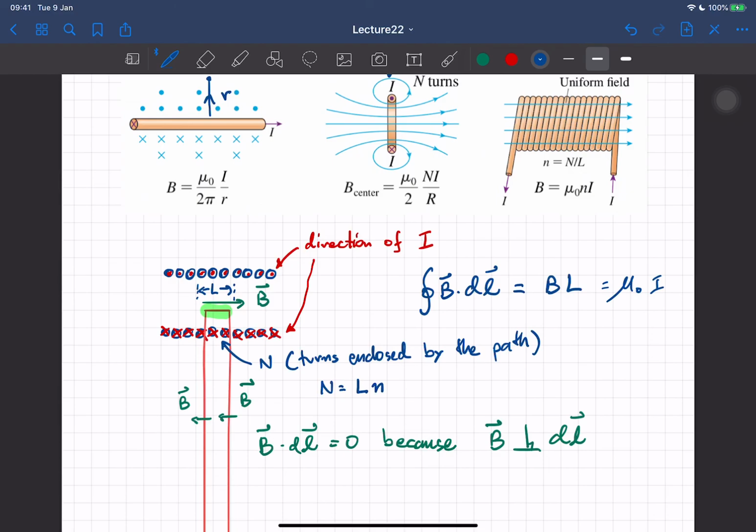Each wire carries current I, so the total current is just big N times I.